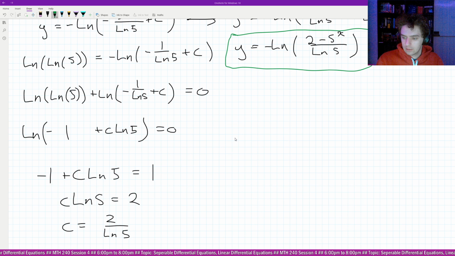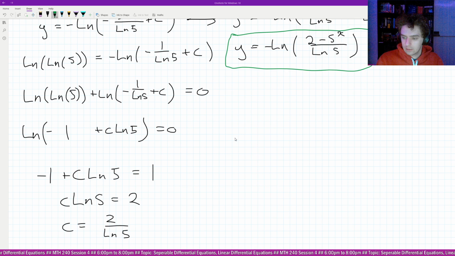So, do we have an initial value? Yes, we do: y of 0 equals 0. So I can plug that in now. Tan inverse of 0 equals 0 plus c, so 0 equals c. Then I can keep going from here.